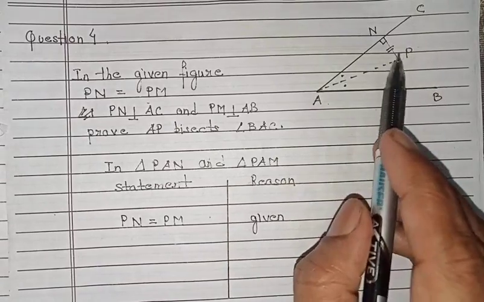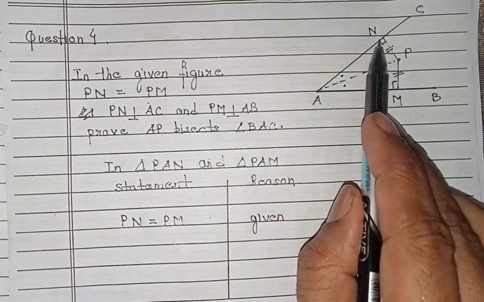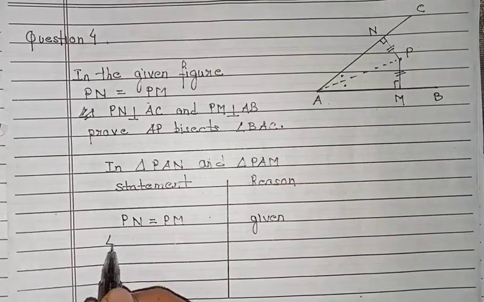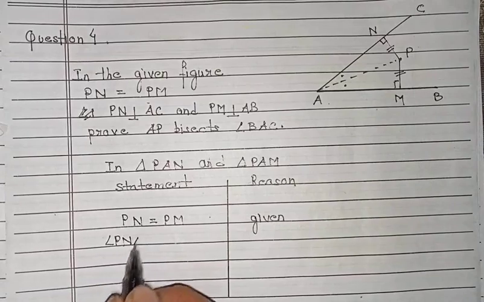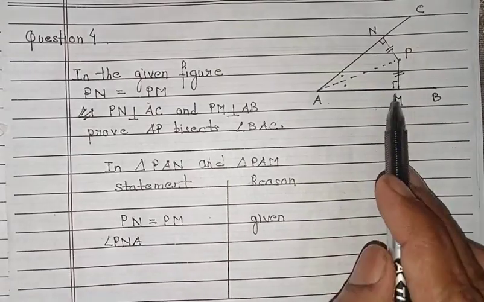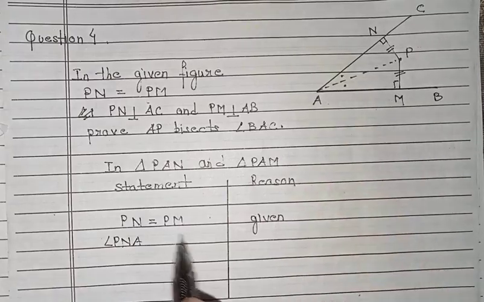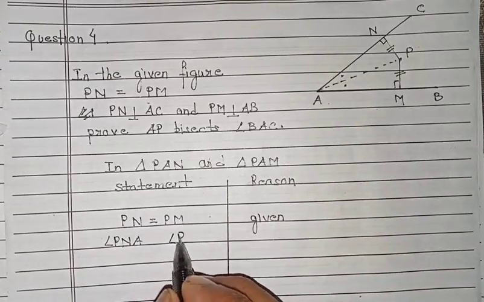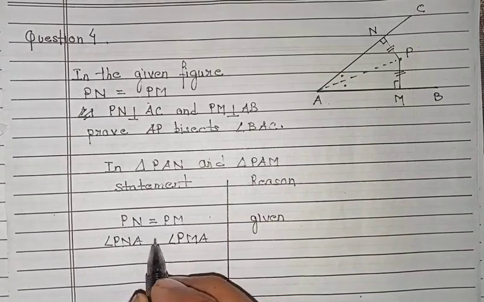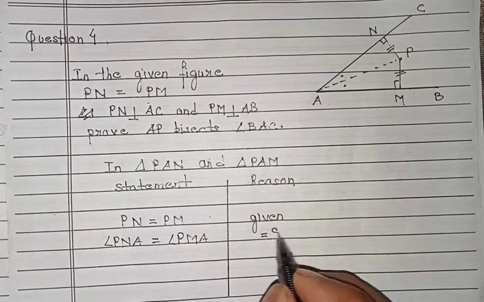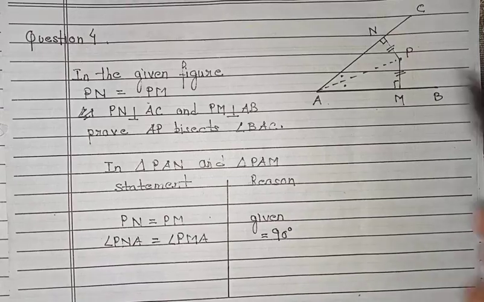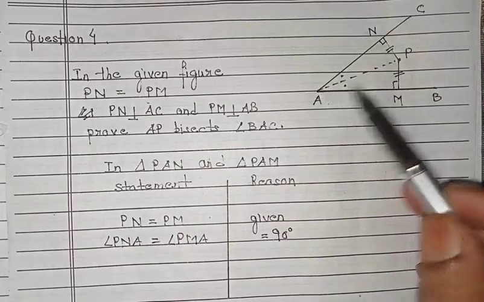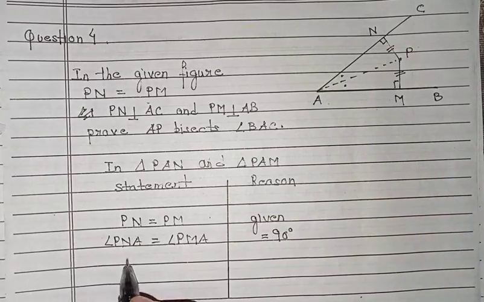Second thing, you can see that angle PNA and angle PMA both are of 90 degrees, so we can say they are equal. Both are equal to 90 degrees. And one more thing, you can see that AP is the common side.